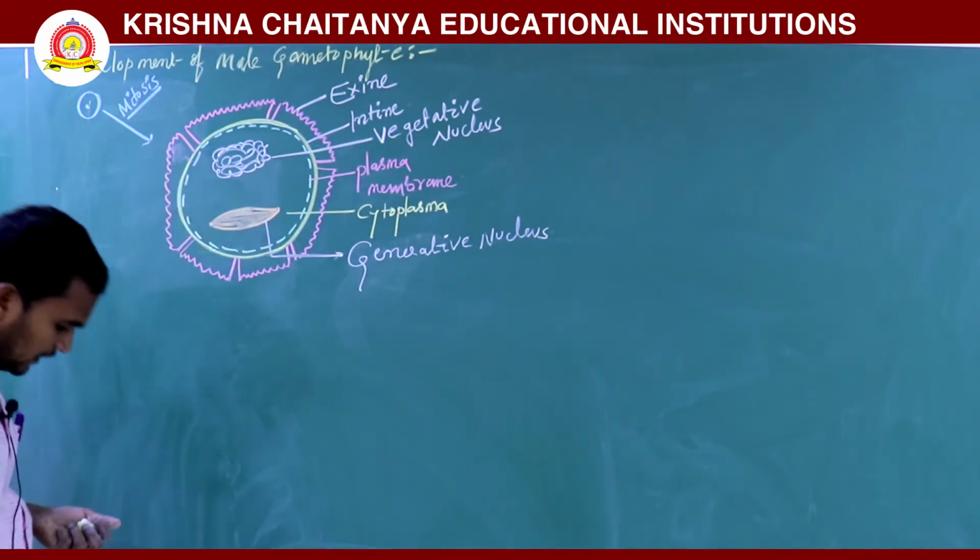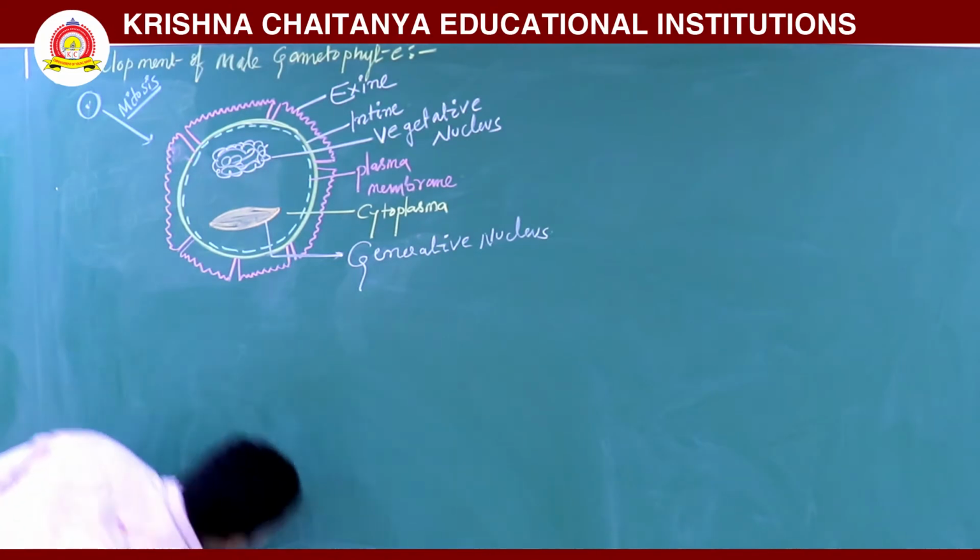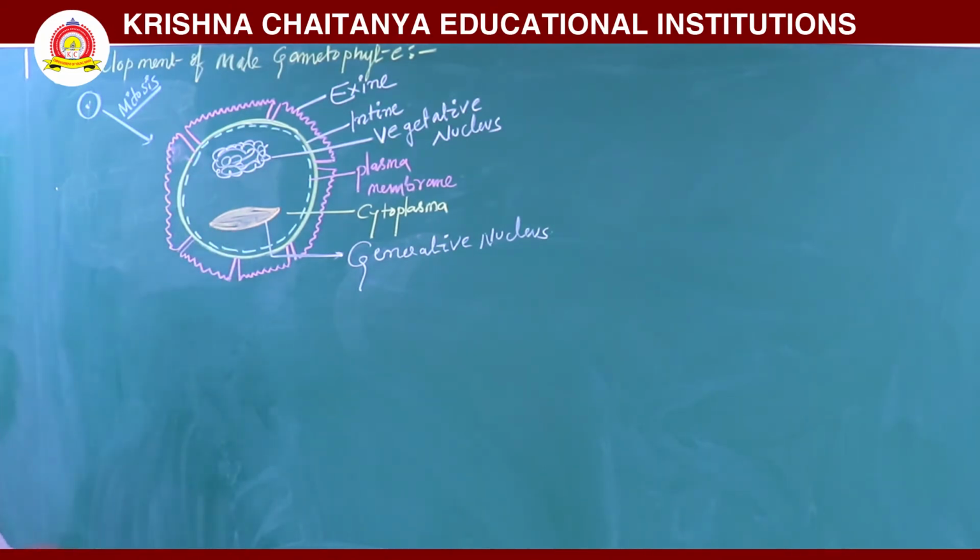So this is called the vegetative cell, and this is called the generative cell.